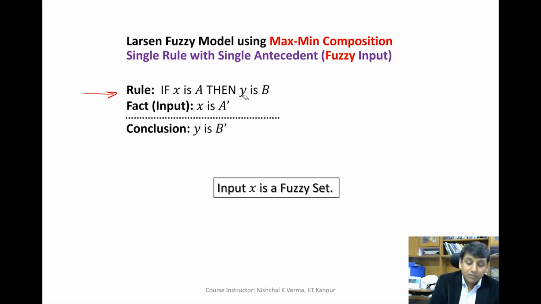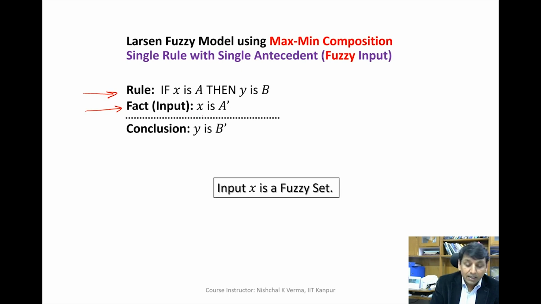Now, if we have only one rule in the Larsen fuzzy model, then any unknown input comes as x is A dash.